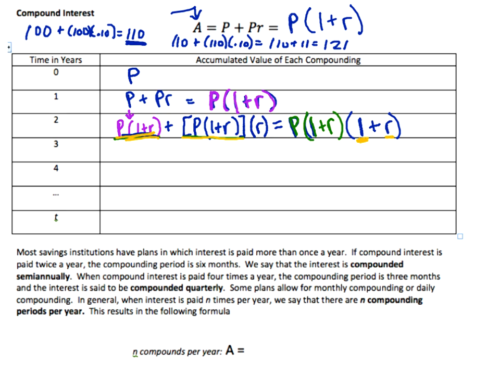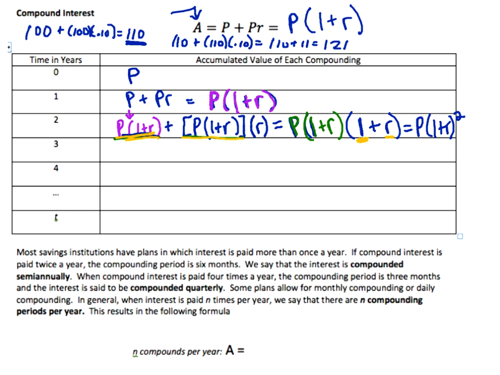So if I simplify that particular expression here, I could call this P times 1 plus R squared, because I have 1 plus R times 1 plus R. That is my new principal. So here we go.